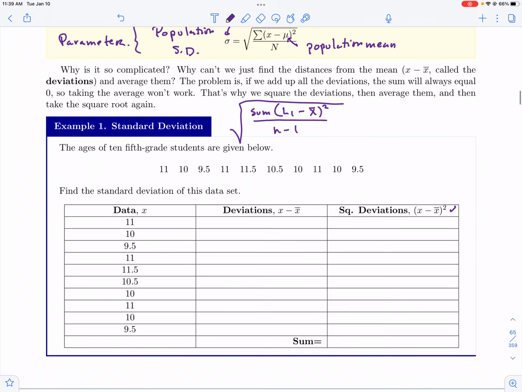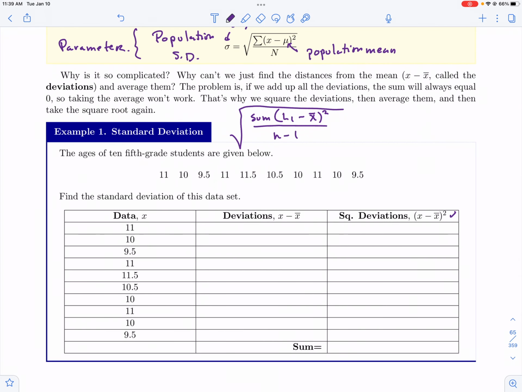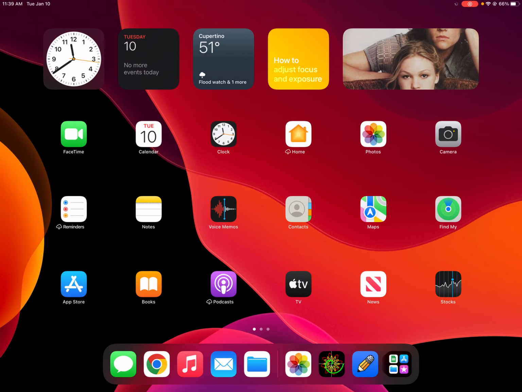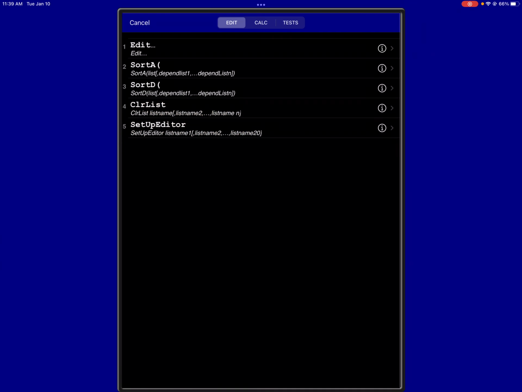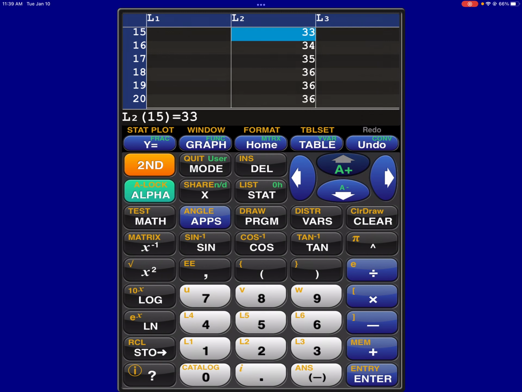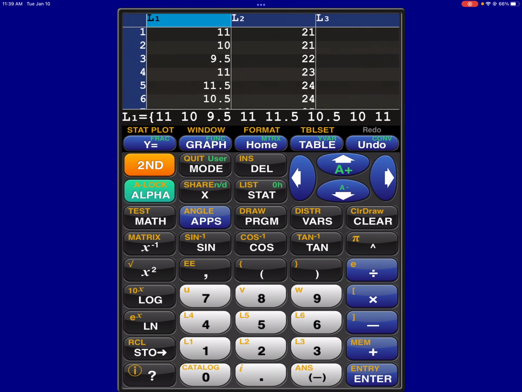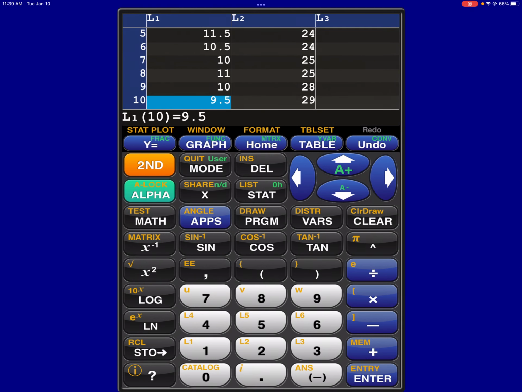All right, the first thing we need to do to use this formula is figure out what the mean is. So we need to take all these numbers from example 1 and put them in list 1, and I've already done that, fortunately. If we go to the calculator, go to stat edit, in list 1, here's all those data elements.